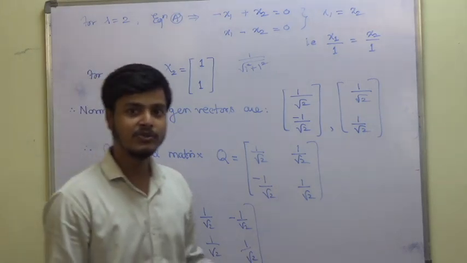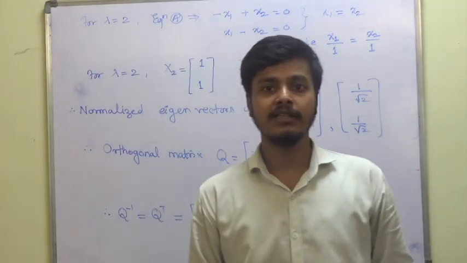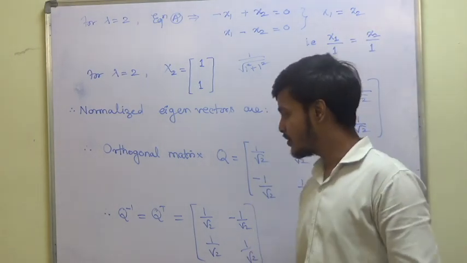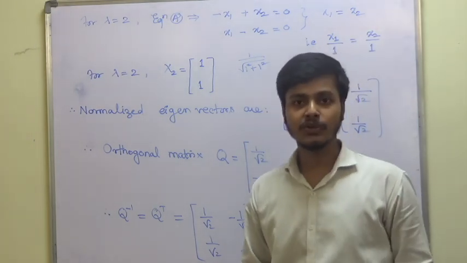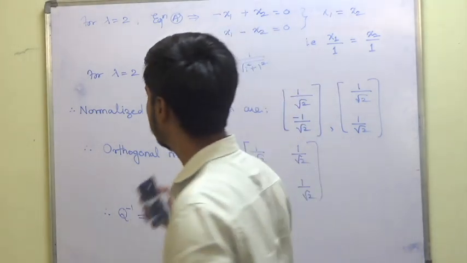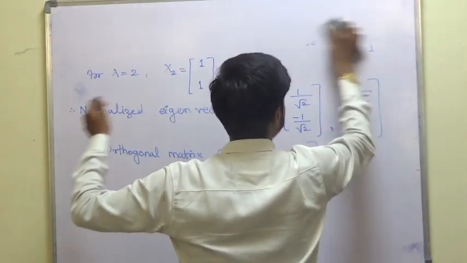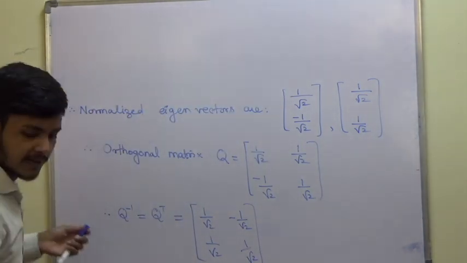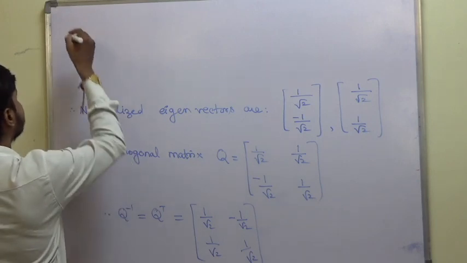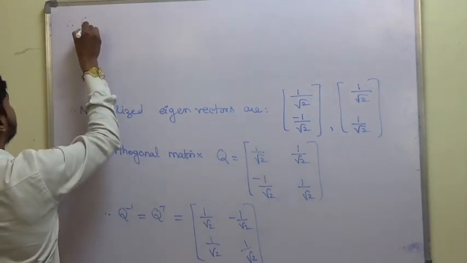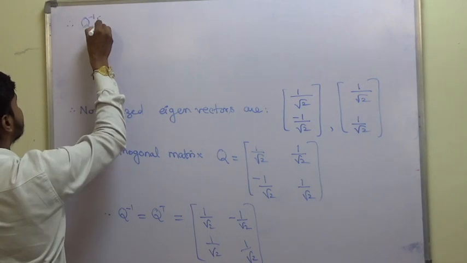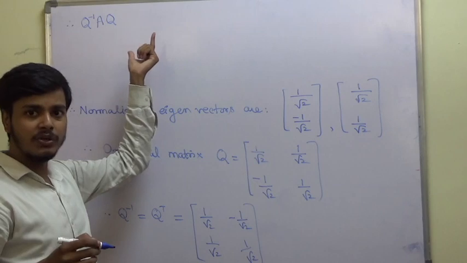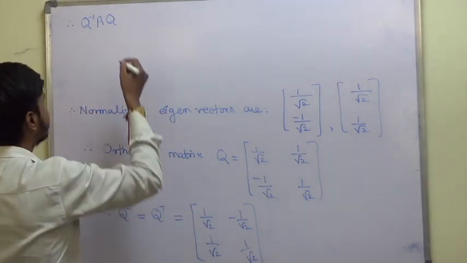Now what we need to do is find the diagonal form using the orthogonal transformation, which is Q transpose AQ. So let me write, therefore Q inverse AQ, or you can write Q transpose AQ, one and the same thing.